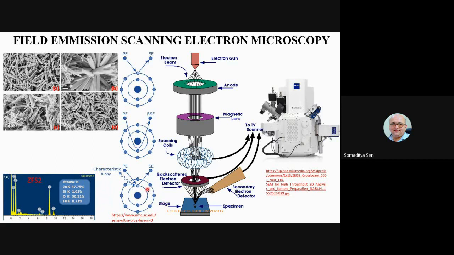And then there will be the same process that I showed on the last page, that it will generate the characteristic X-rays. Now, by generating these characteristic X-rays, you have generated a spectrum. So you can know how much iron or how much zinc you have put in the zinc oxide. Okay. So this is an effective way of knowing the percentage of doping.